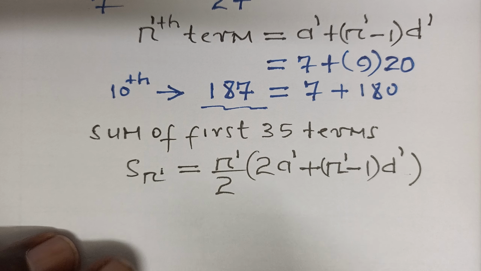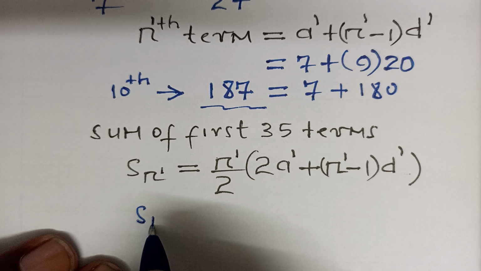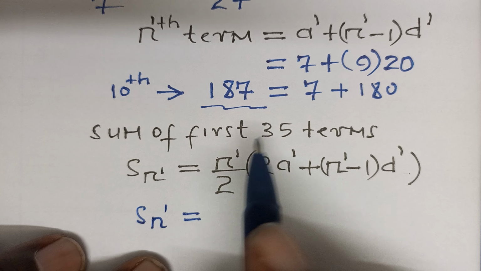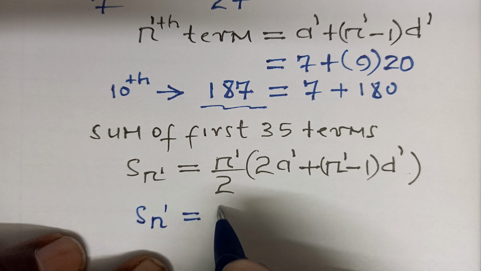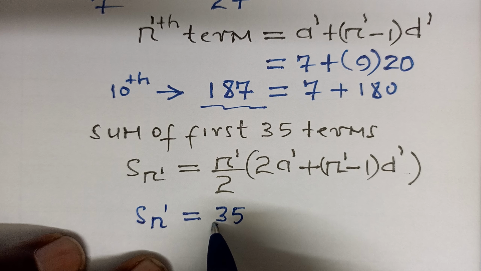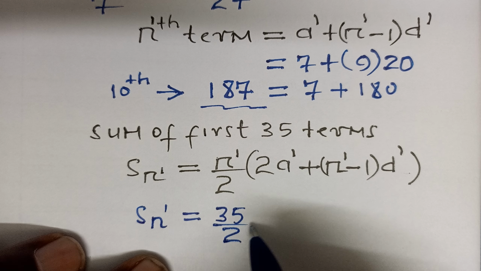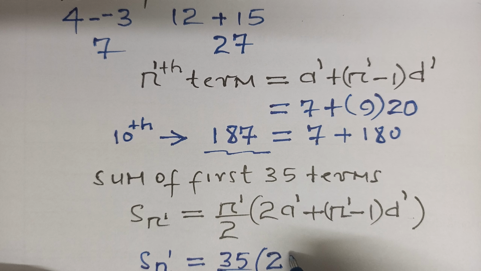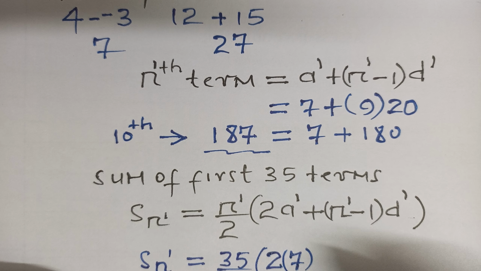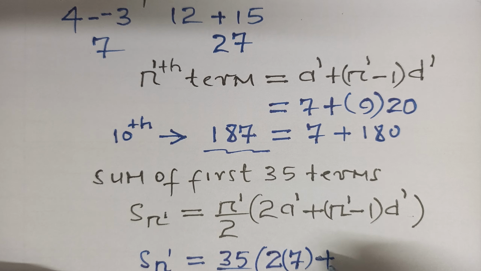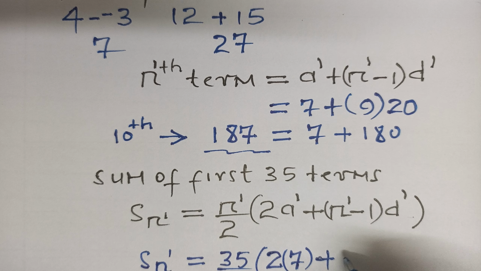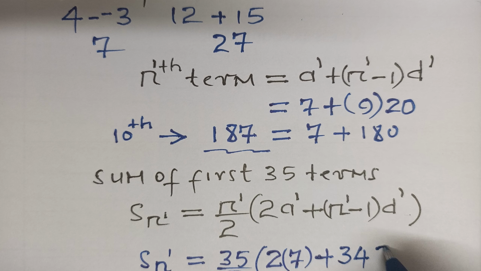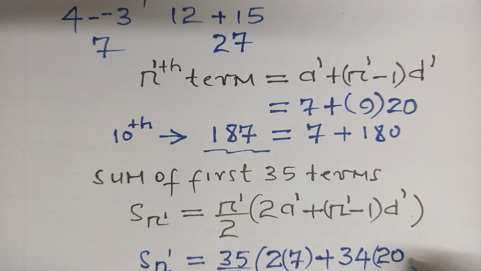So this is going to be S n prime equals n prime, and we are talking of 35 terms, divided by 2, all over 2, times the first term, which we have seen is already 7, plus 35 minus 1, which gives us 34, and the constant difference is 20.